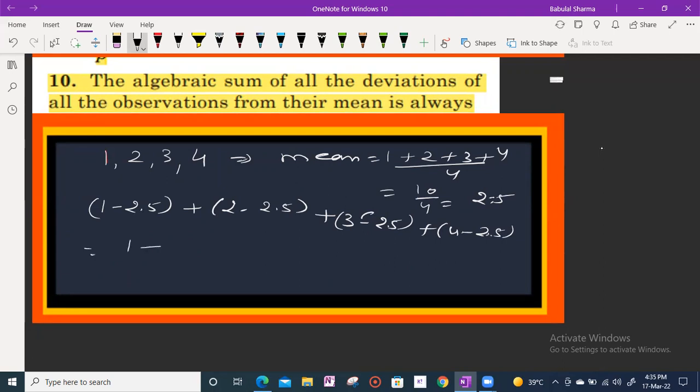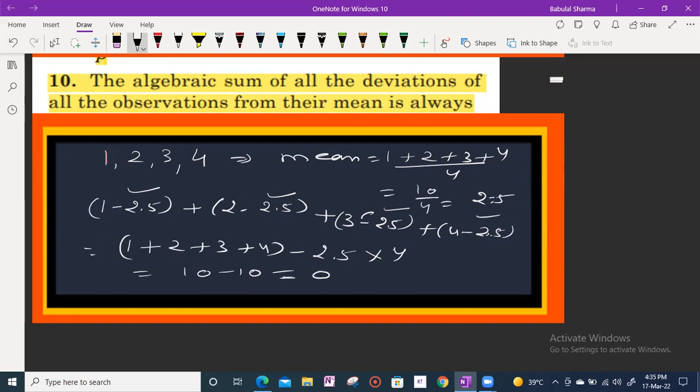So taking the rational part 1 plus 2 plus 3 plus 4 minus 2.5 one time, 2 times, 3 times and 4 times. So we can write 4 here. So 10 minus 10, that is equal to 0.